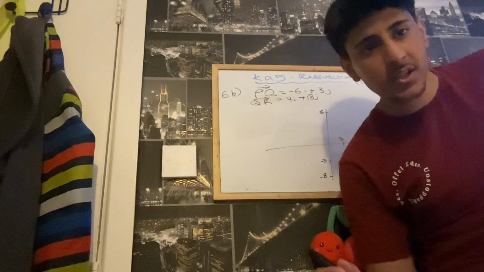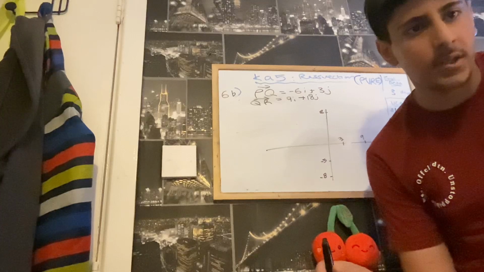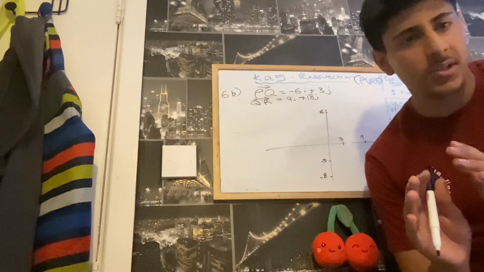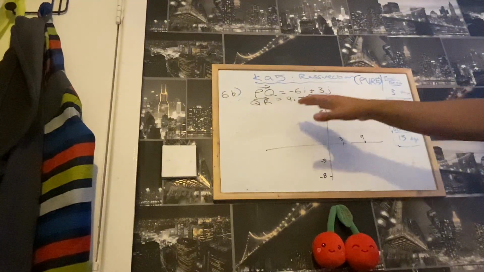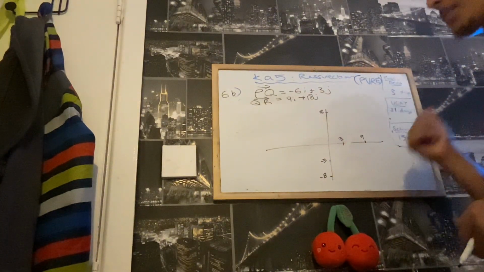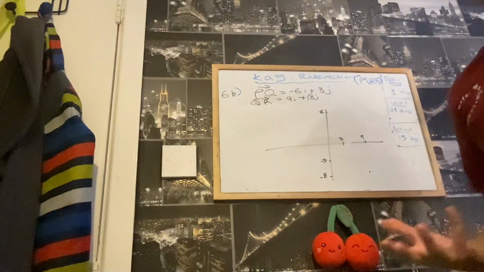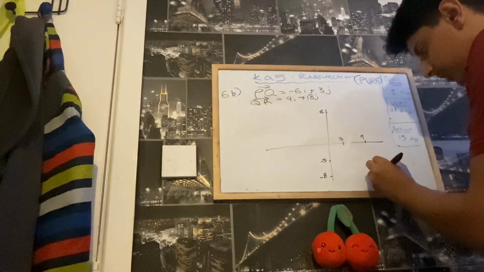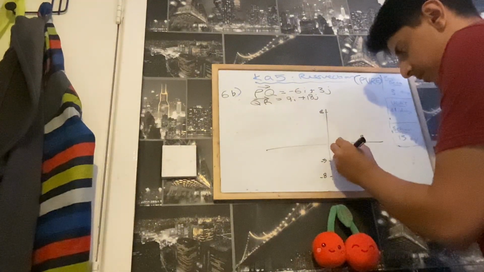Okay, so this is question 6b. This took me quite a while to work out, I won't lie to you, but this is how I managed to work out the solution, okay? So in the question we're given PQ and we're given QR. Now the first thing I did was I plotted where Q, P and R would be, okay? So P would be over here following the coordinates from the first question. This would be P. Q would be here following the coordinates from the first question.